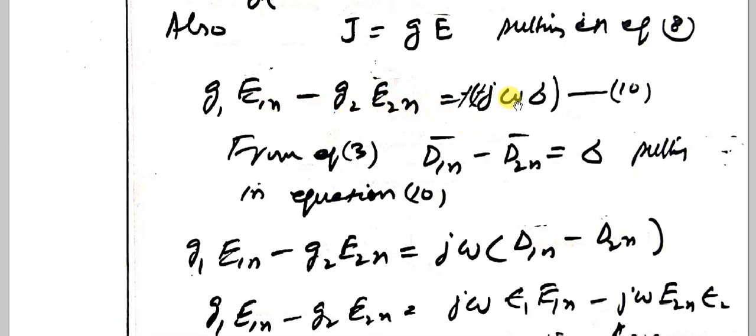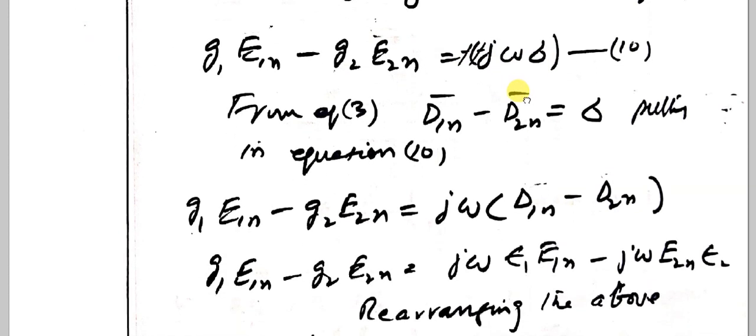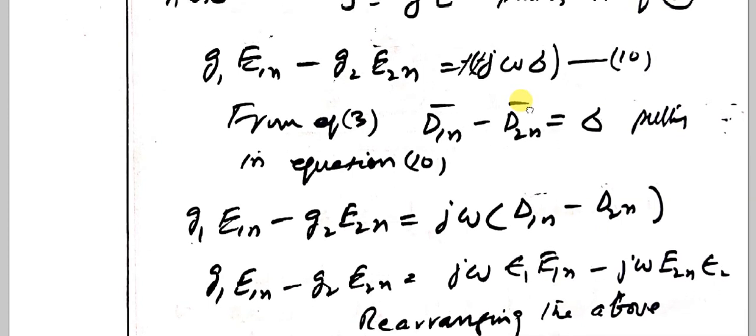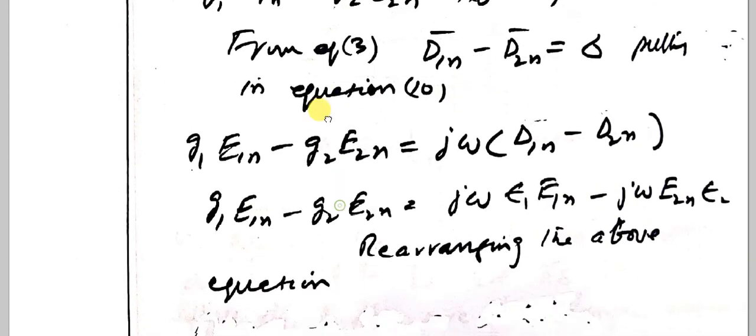From equation 3, D1n minus D2n is equal to sigma. Putting that in equation 10, we get G1 E1n minus G2 E2n is equal to j omega times D1n minus D2n.